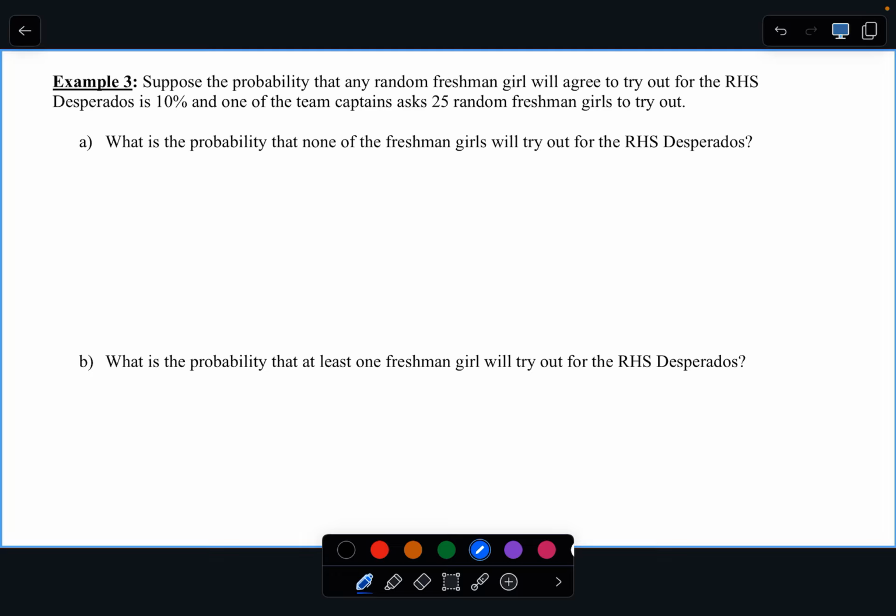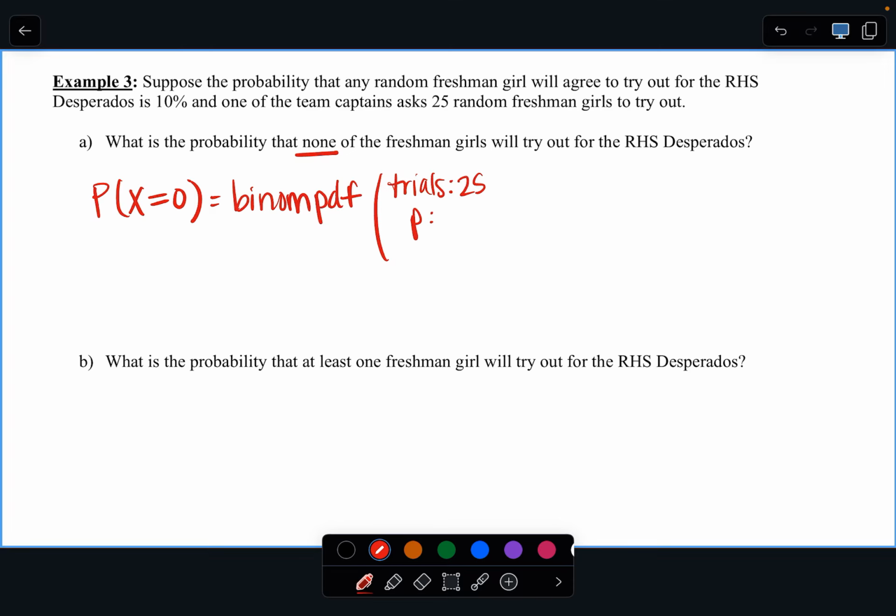So what is the probability that none of the freshman girls try out? That would be a probability that X is equal to 0. Anytime it's equal, it is a binom PDF. And so I have trials 25, probability 0.10, and my X value this time is going to be 0. None of them try out.